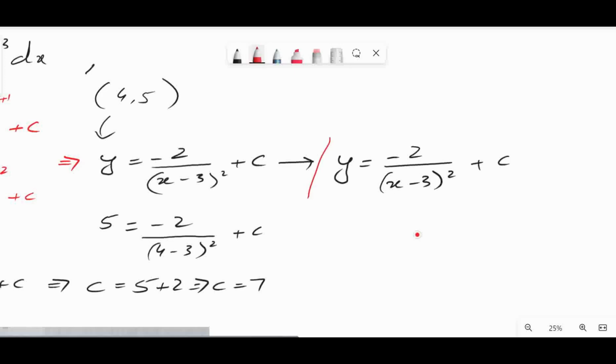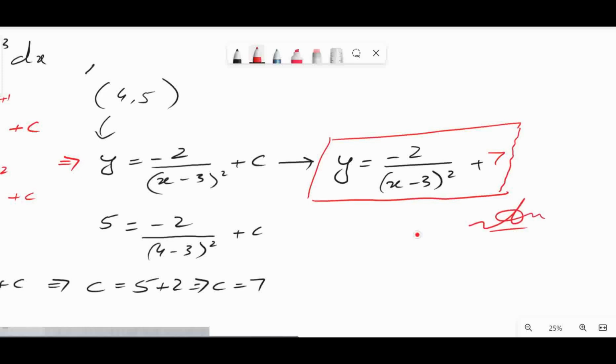This will be the equation of the curve, that's what we had to find. This will be the final equation. Okay, this must not be c, this will be 7, as we know the value of c is 7. So this will be the final answer.